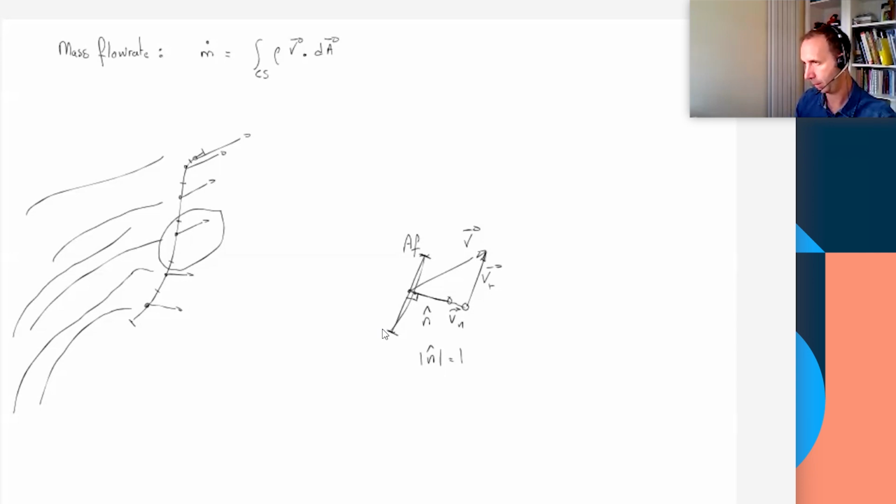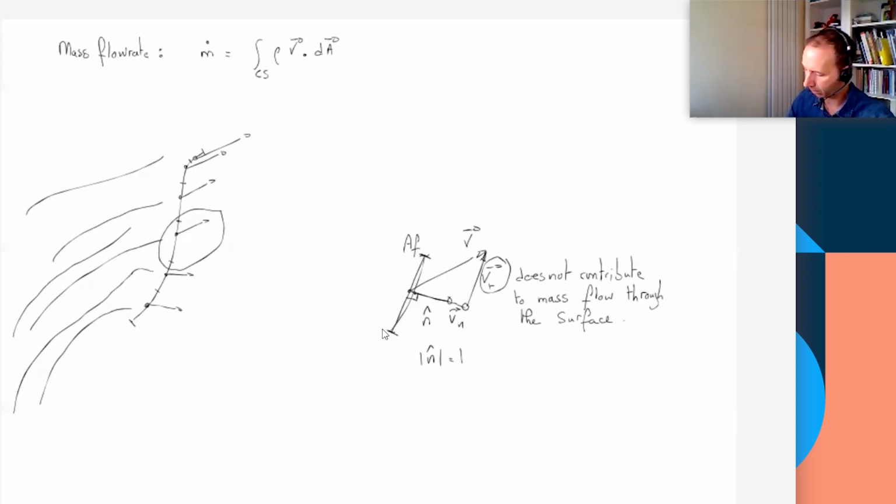So this component here does not contribute to mass flow through the surface. The only one that contributes to it is the normal component.